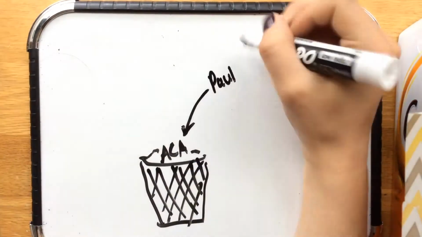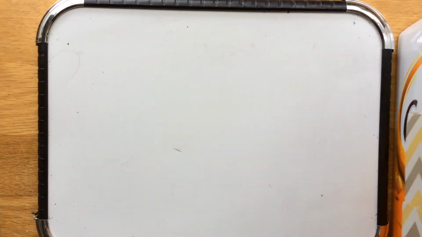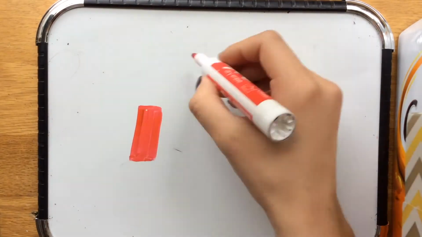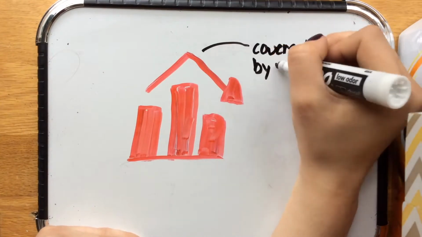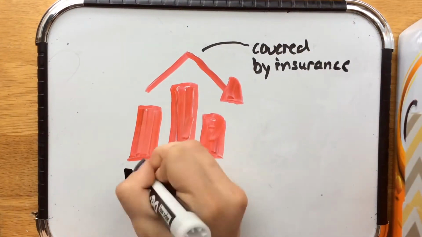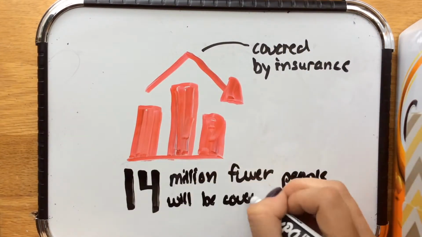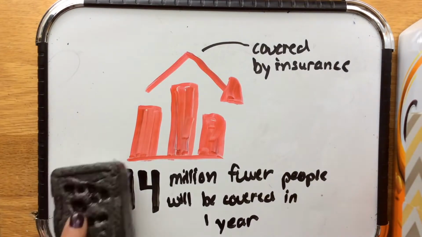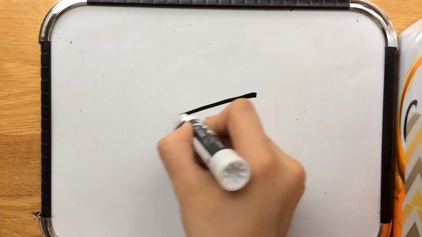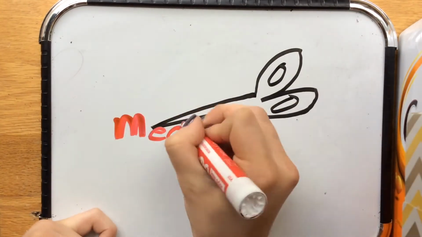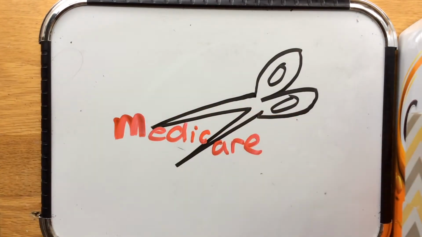With the ACA in the trash, Paul Ryan's bill should follow, and this is why. Under the bill, the CBO found that the number of covered people will decrease: 14 million fewer people in 1 year and 24 million people in 10 years will not have insurance. He also plans on cutting Medicaid or Medicare.